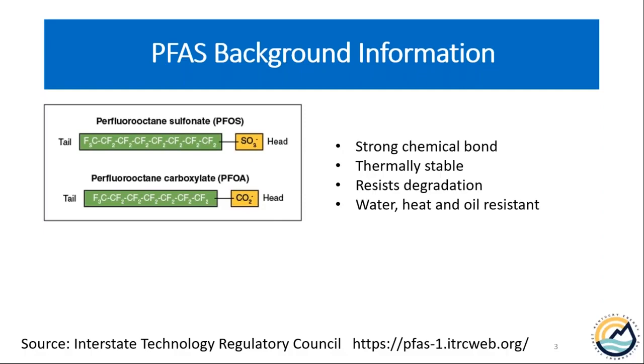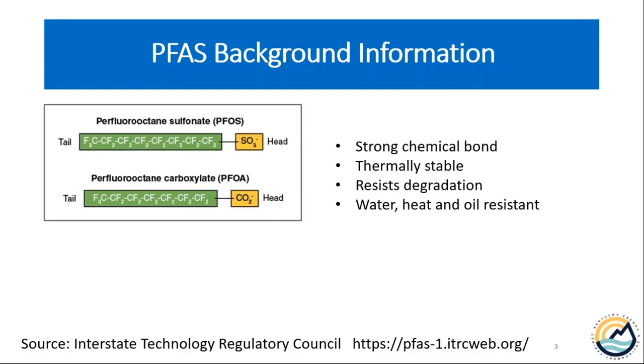So as you can see from the diagram, PFAS are chain chemicals. The tail is made up of carbon and fluorine atoms that are very tightly bonded. In fact, this is the strongest bond known to inorganic chemistry. Then they each have a charged head on one end.